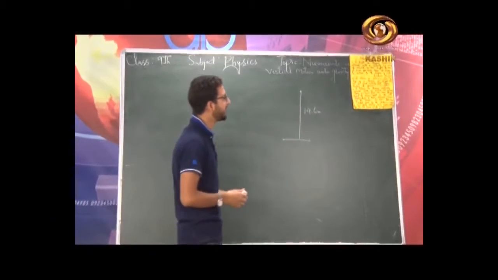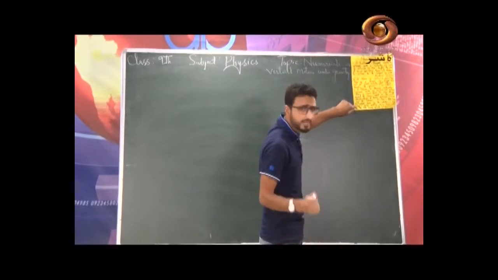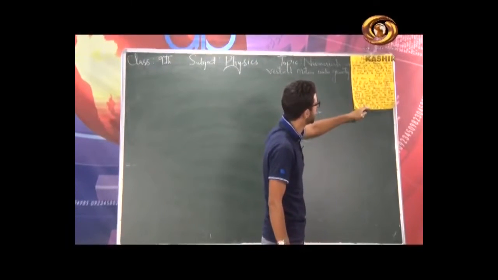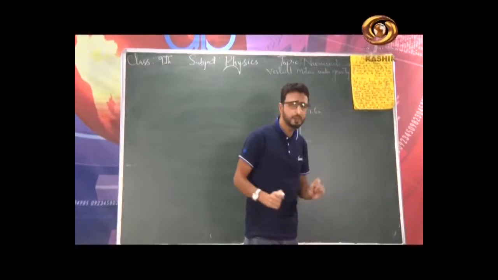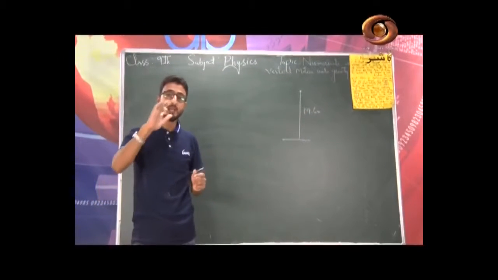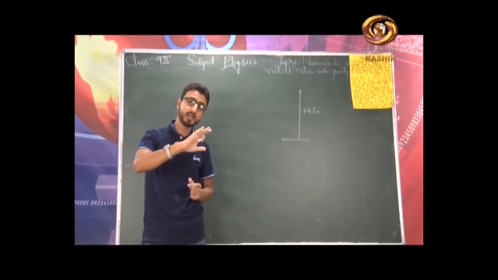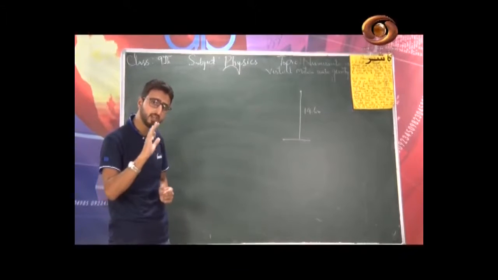Now let us solve one more question regarding this vertical motion under gravity. Question is, what will be the distance moved by a freely falling body from rest in the 5th second of its journey? You remember the difference between distance traveled in 5 seconds and distance traveled in the 5th second. I have already cleared this.